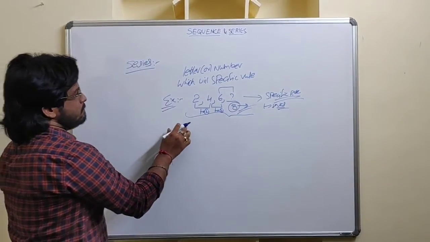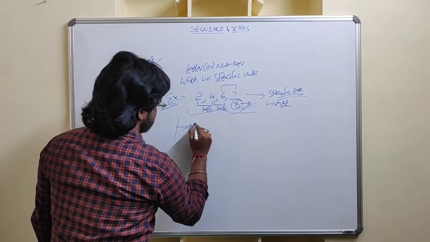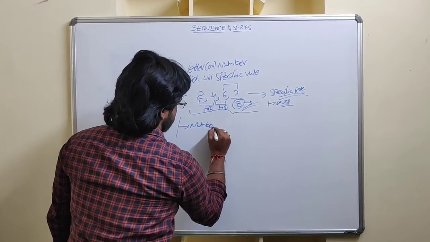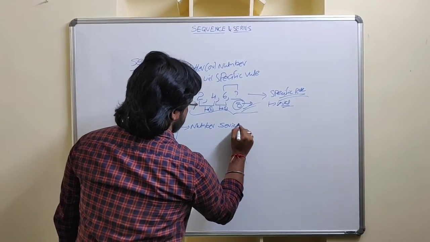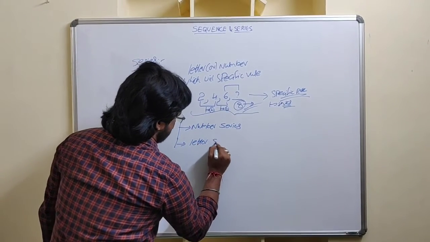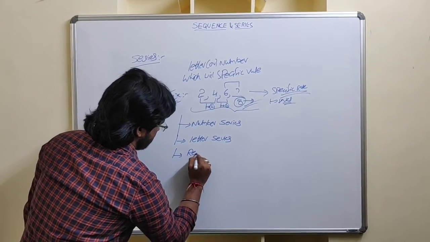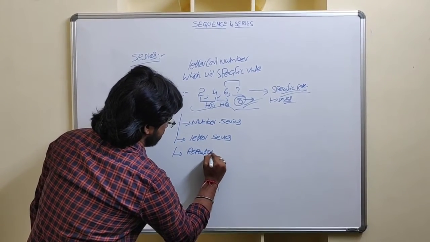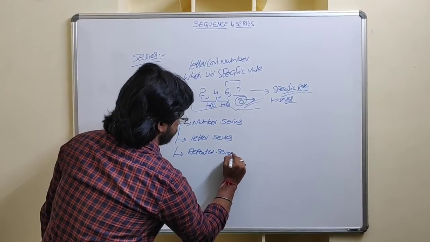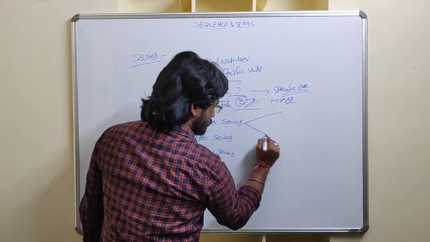There are some types of series. I will give you an explanation. The first one is number series, the second one is letter series, and the third one is repeated series. And for number series there are two sub-classifications.